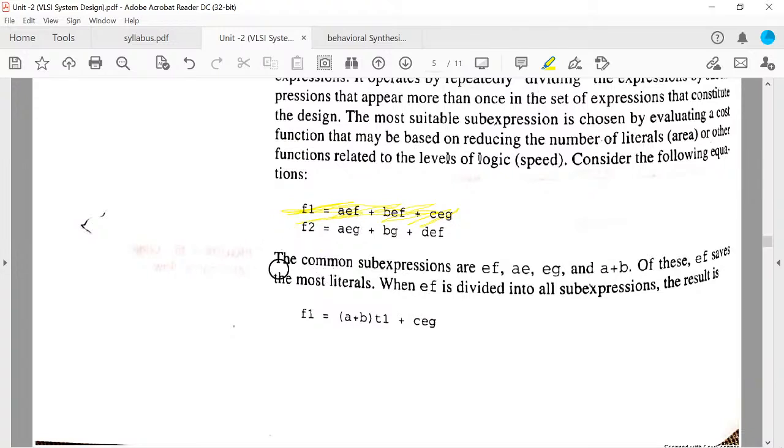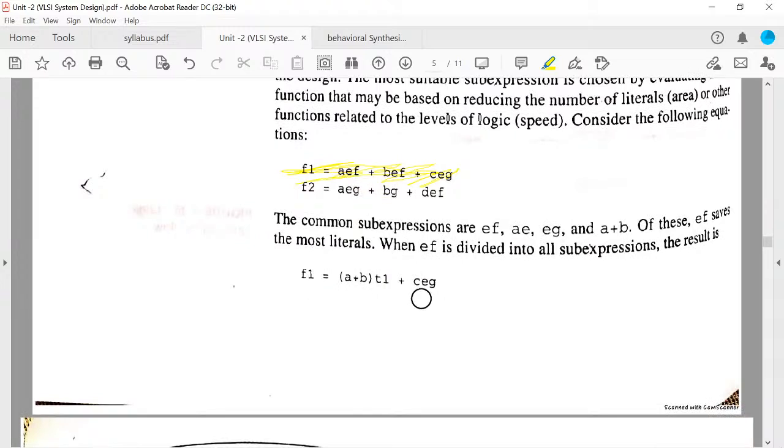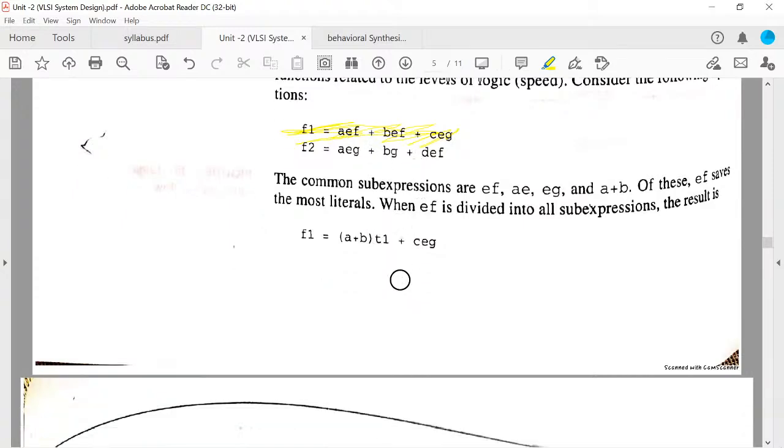But if the main constraint is speed, what can we do? We have to modify this logic expression. In the first function you can easily see that ef is the common part, so we can represent it by using another variable, t1. We take ef as a common element and represent it as t1.